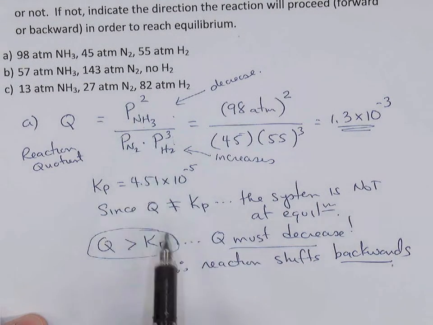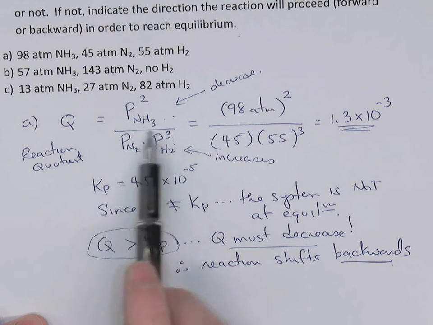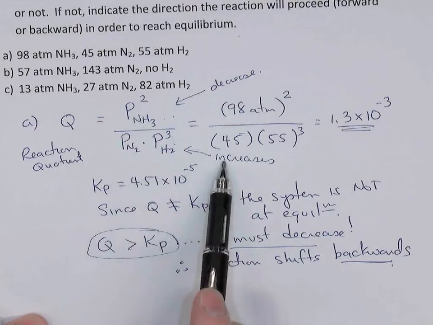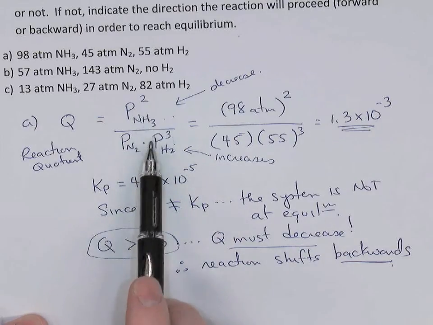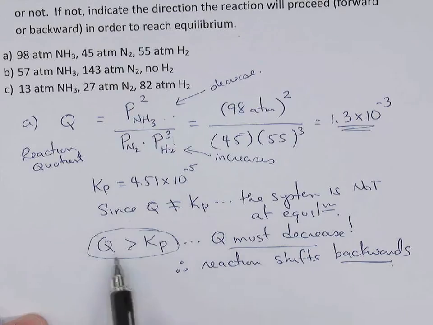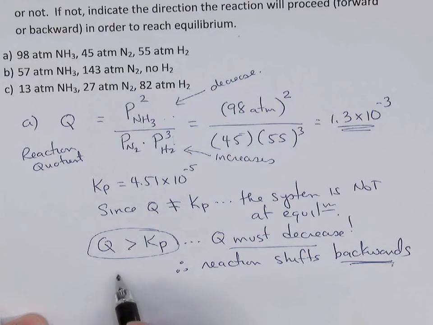The numerator will have to decrease, and those are your products. The denominator will have to increase. Those are your reactants. So if you're losing products and getting more reactants, whenever Q is bigger than K, the reaction shifts backwards. Similarly, if Q were less than K, then the reaction would shift forwards for the opposite reasons.